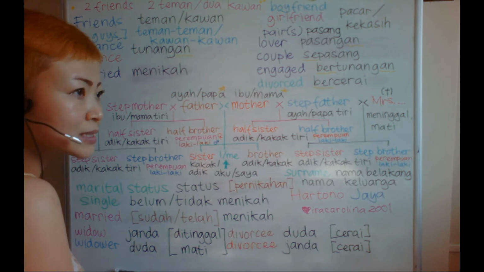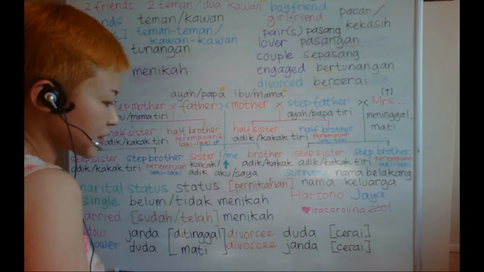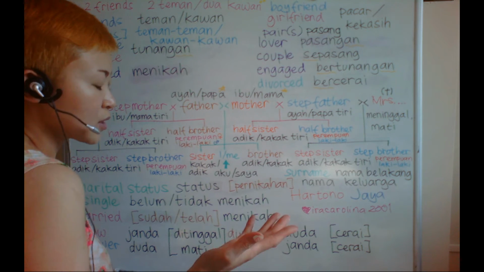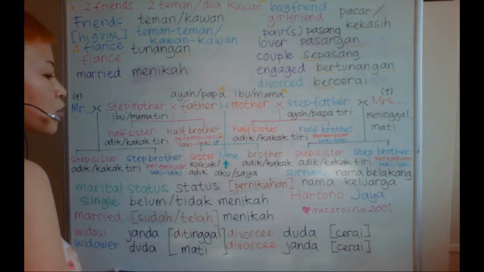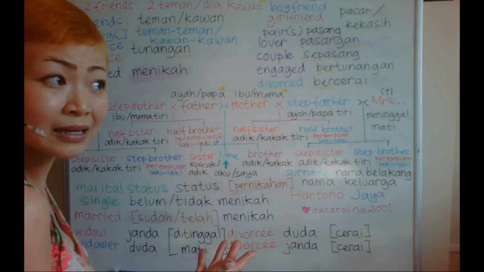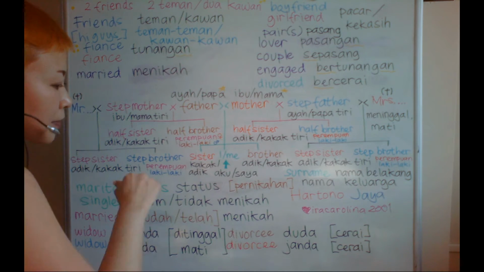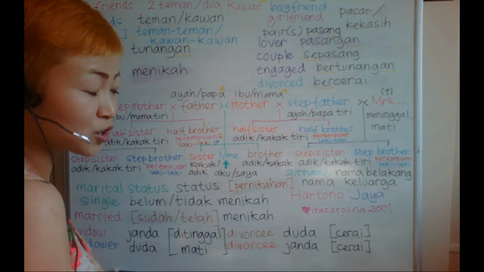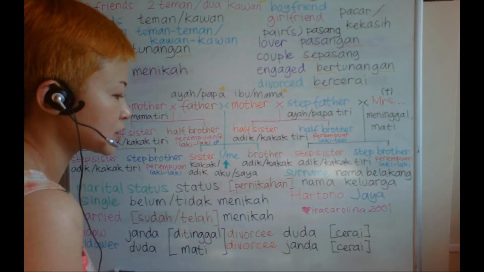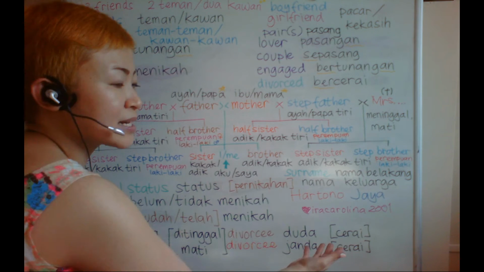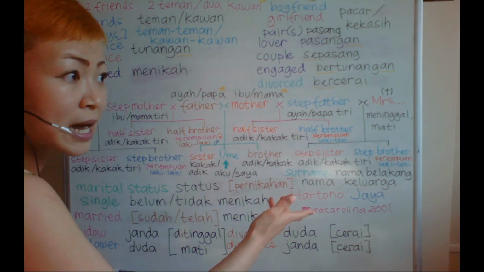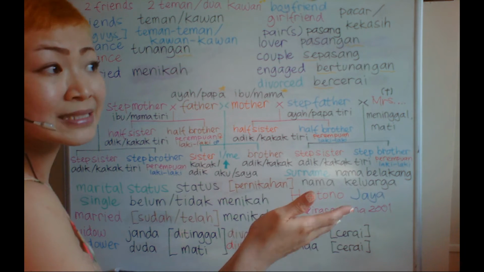Sometimes people ask furthermore if it's duda. It's like duda cerai or janda cerai. It means like asking, like that. Or sometimes they already know about it. Sometimes they don't care about it. Sometimes people who say duda or janda already give much more information, just like duda cerai or janda cerai.